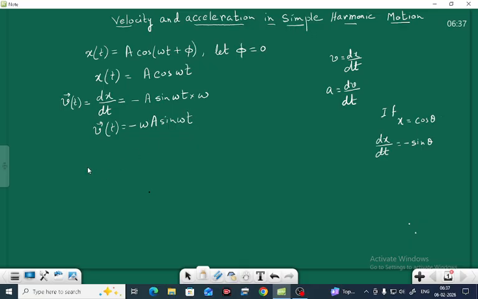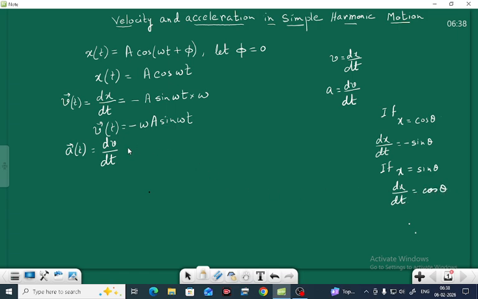And if you want to find the acceleration, it is also time dependent. It can be written as dv by dt. Here, if x is equal to sin theta, then dx by dt is equal to cos theta. We know this, right?